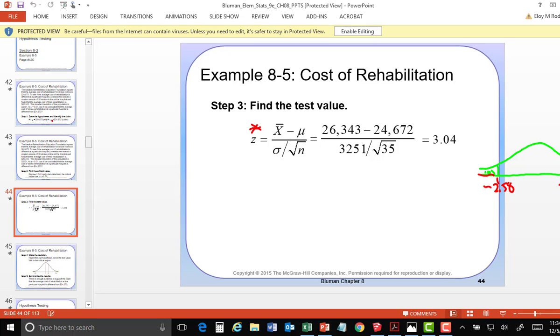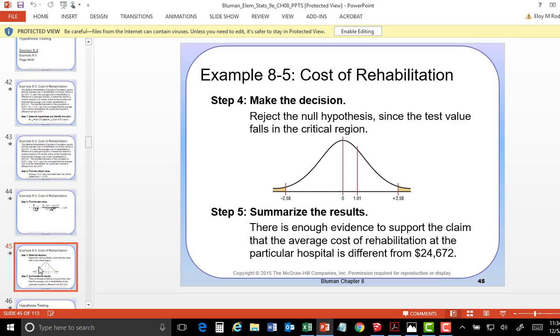So the data either supports it or not, it's better than flipping a coin and making a guess. This is called decision theory. All right, so now, if that's the case, 3.04, then we reject, since the test value is in the critical region.